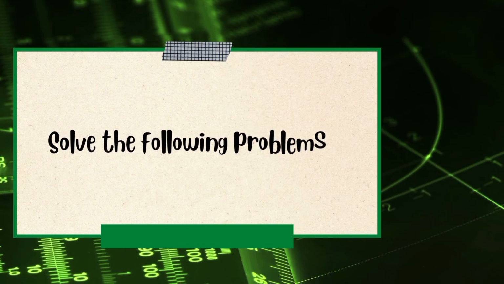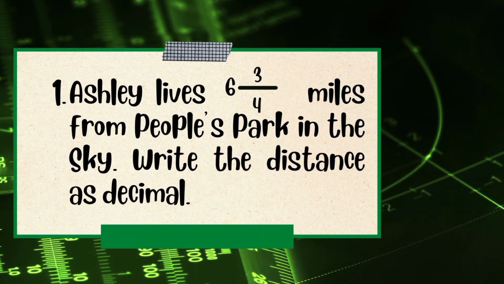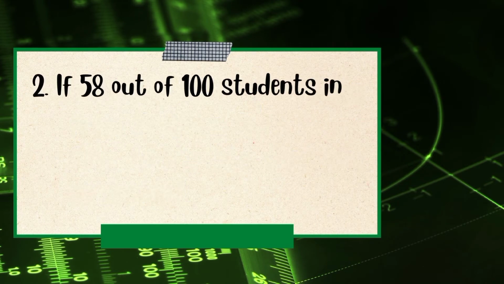Here are the correct answers. Before we formally end our lesson, let us see how much you've learned from our lesson today. Solve the following problems. Number 1. Ashley lives 6 3/4 miles from People's Park in the Sky. Write the distance as decimal. Number 2.